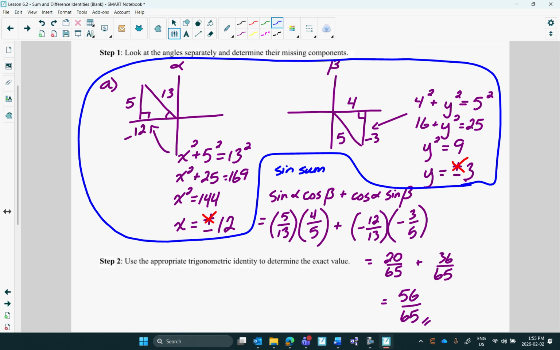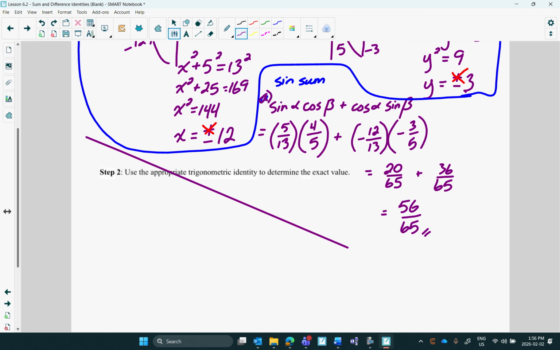And I should actually put A here. That's it. I need to set this up for both. This is part A, then we'll do part B. Part B, we're not going to have to redo the triangles all over again.